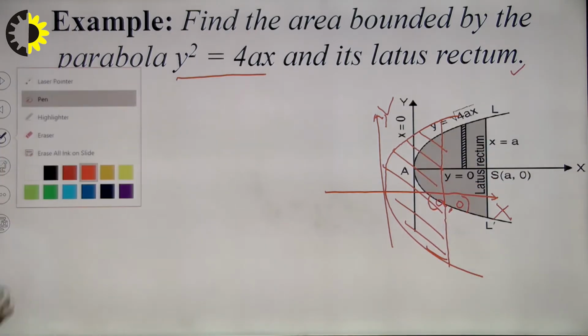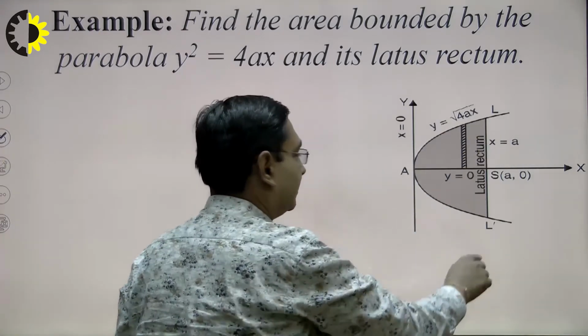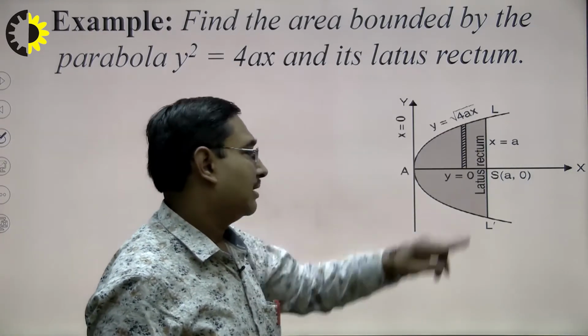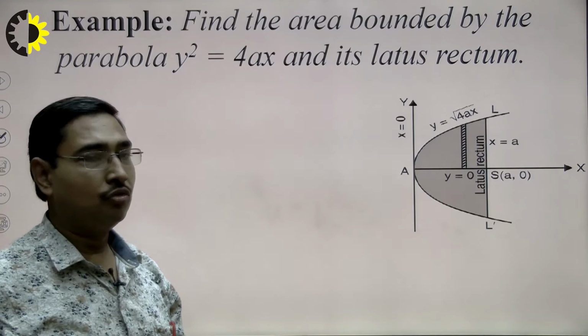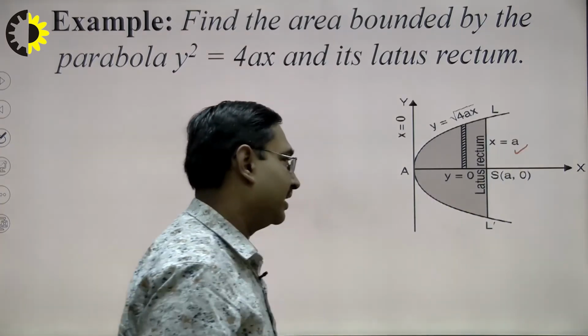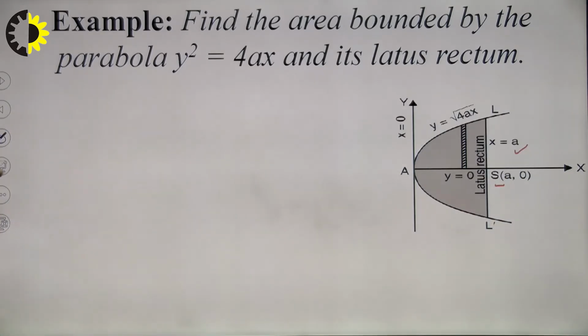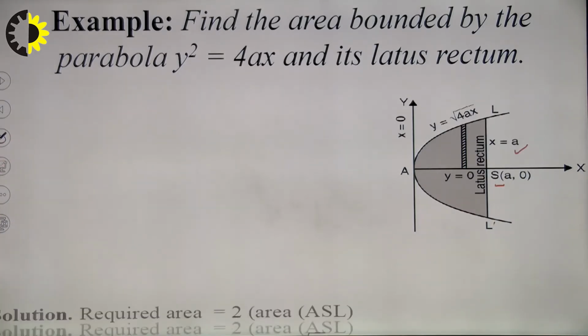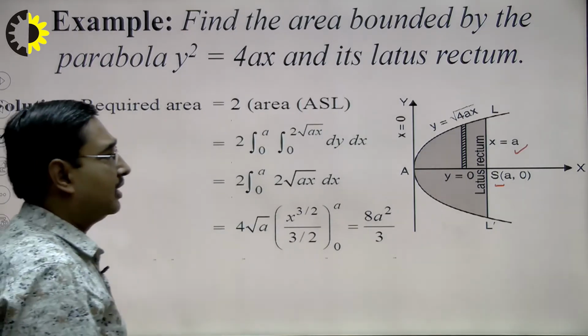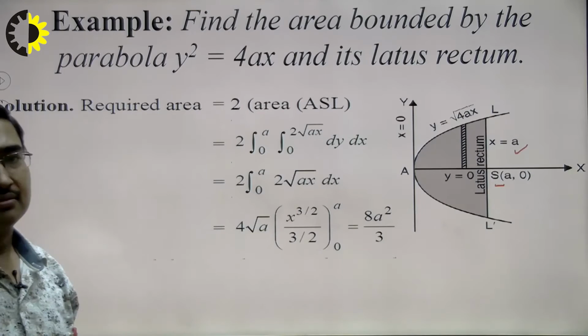The region is looking like this. This is the latus rectum, this is the parabola which is written as y equal to root 4ax, x equal to a is the equation of the latus rectum, and this point is a, 0. Now, we observe that the region is symmetrical about the x axis.